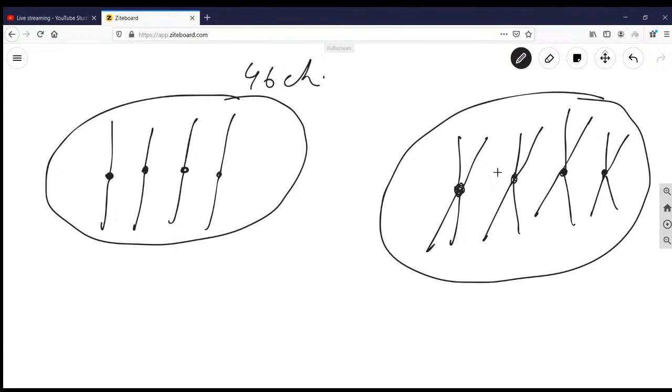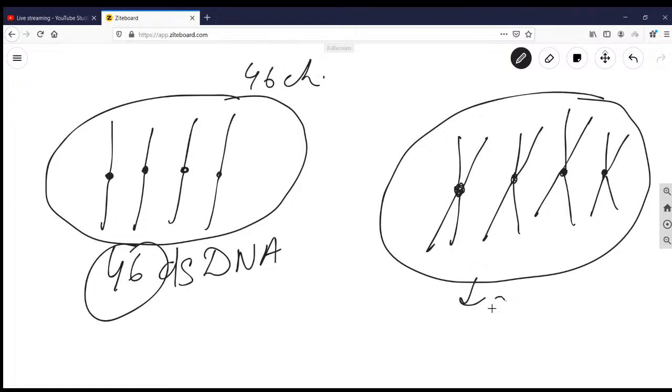You have sister chromatids for each chromosome, meaning that DNA here is 46 double stranded DNA. Here it has become double, 92 double stranded DNA. DNA number has become doubled, chromosome number stays constant, but the genetic material has doubled.